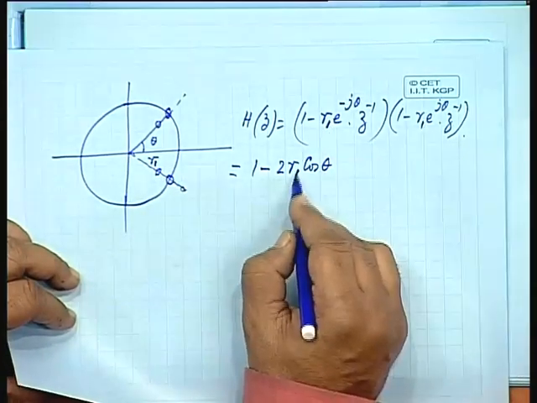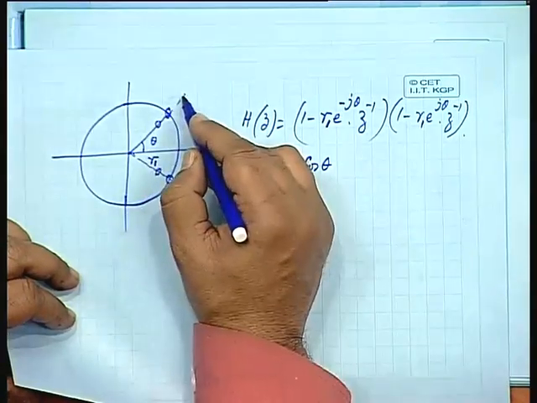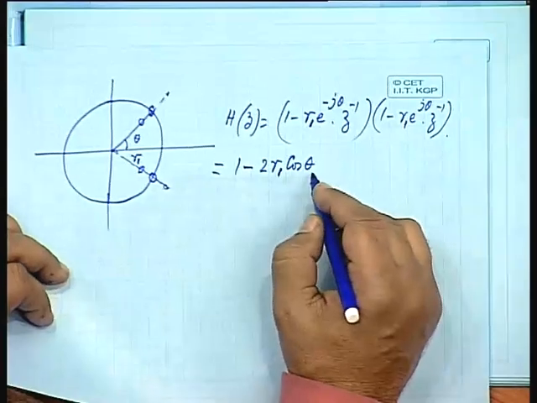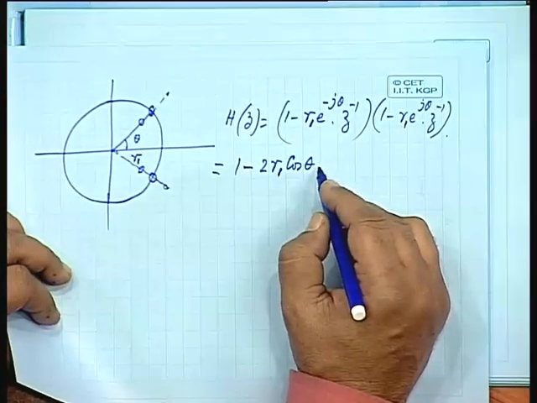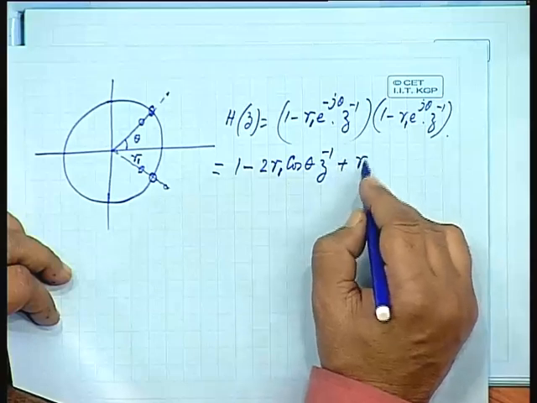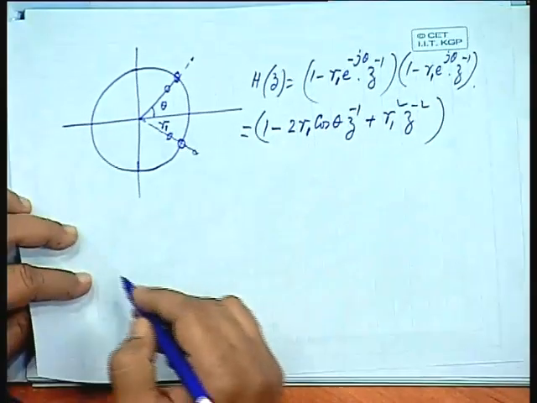We may take r1 when it is inside, we will take r2 when it is outside. So, 2 r1 cos theta z inverse plus r1 square z to the power minus 2. Correct me if I am wrong.